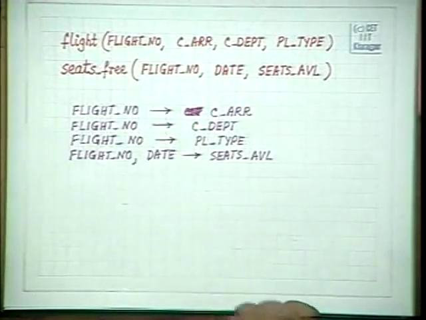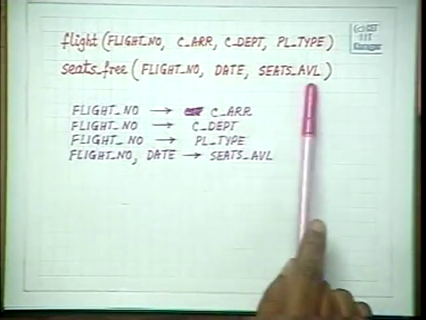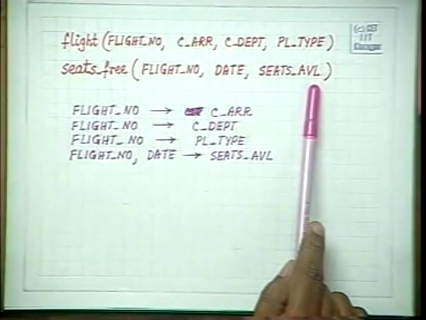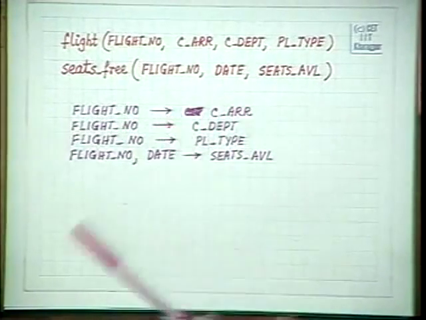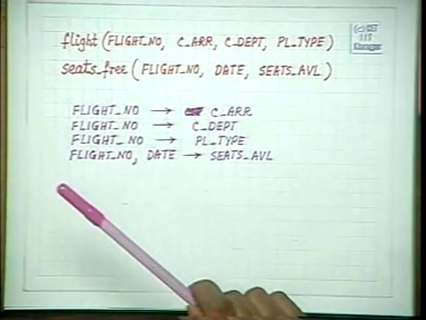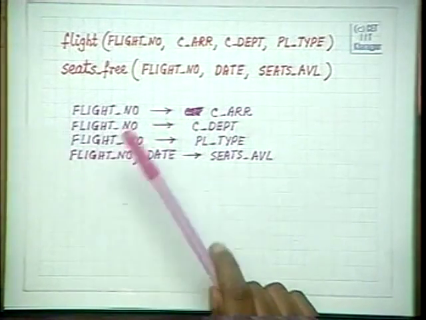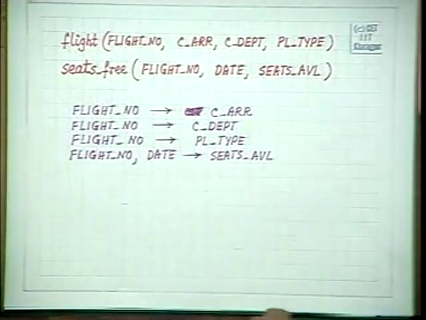But since they can fly on different dates, flight number will not be a key attribute here. The same flight may be operating on different dates, we assume that. And if flights are daily, that is there is only one flight per day, then flight number and date will give you uniquely the number of seats available.